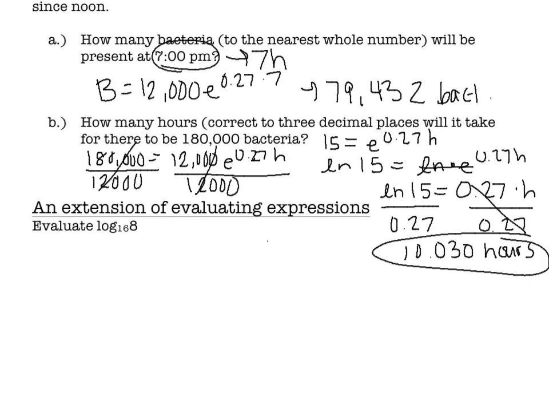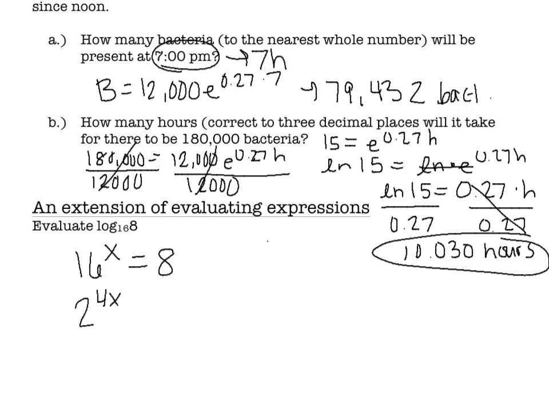That's not really obvious as we just look at it what that answer would be. What we can do, though, is rewrite each of those as a power of 2. So 16 would be 2 to the 4th power times x, and 8 would be 2 to the 3rd power. And I have a common base here.